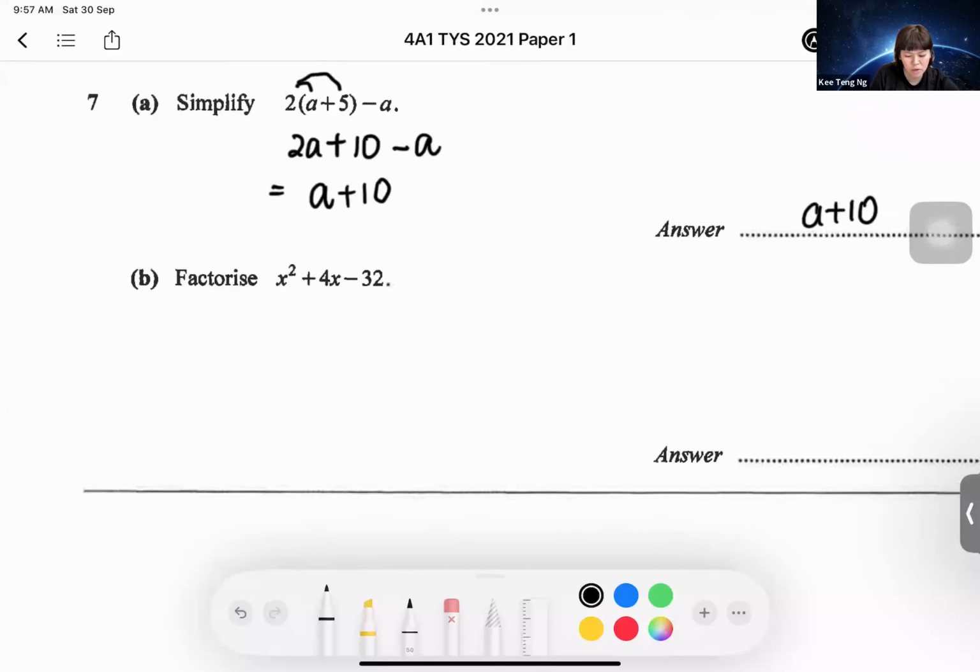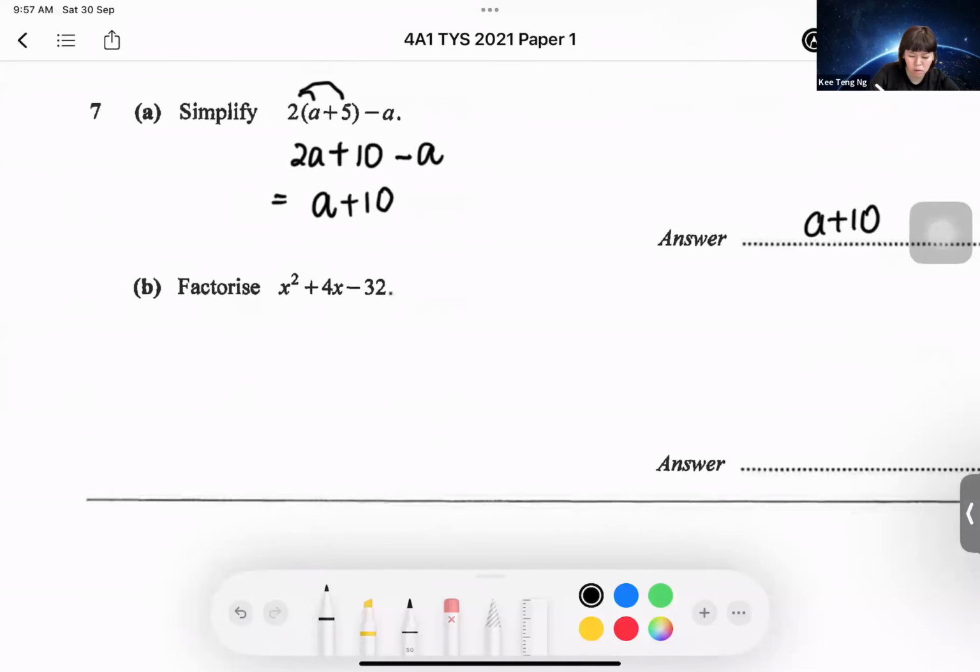Next thing, factorize these. Now, some of you would like to use your calculator to help you. A equals 1. This is 1 unit of x squared. Don't have a square, it's just a equals 1. Then this one is positive 4, and c equals negative 32.